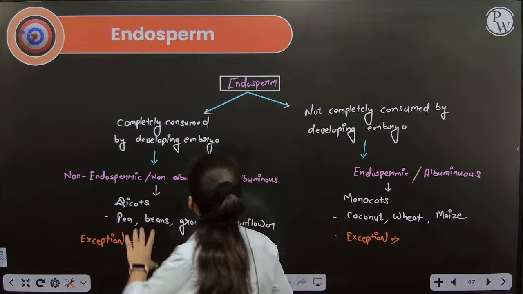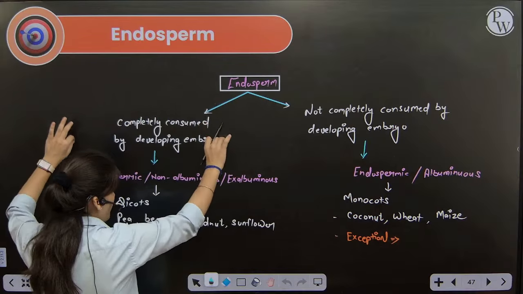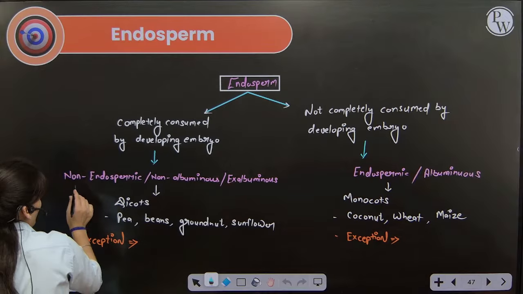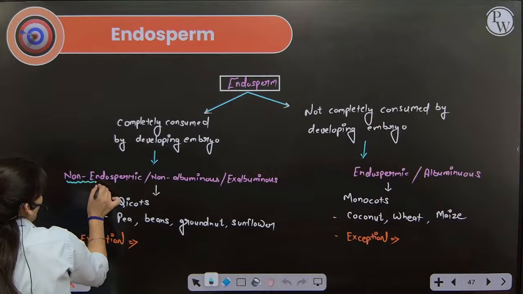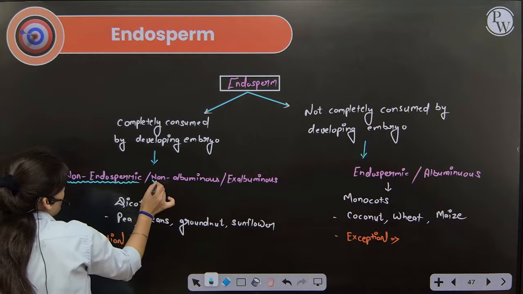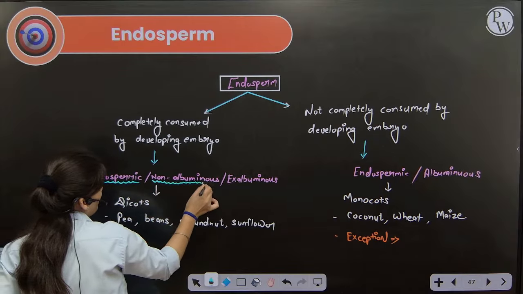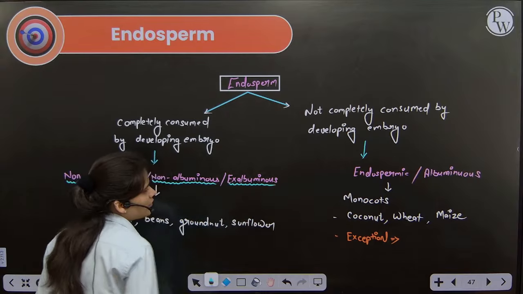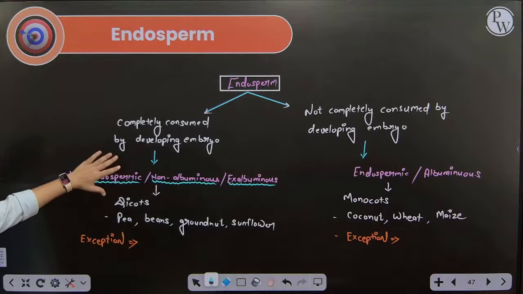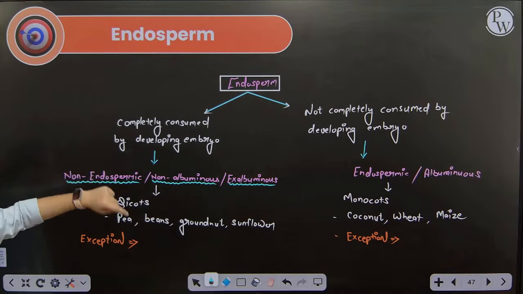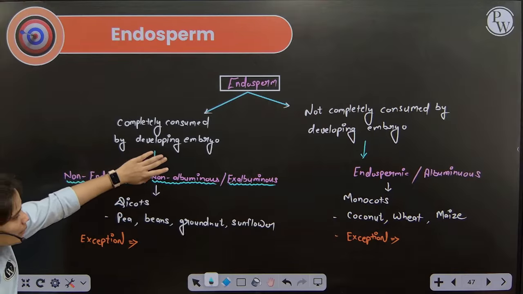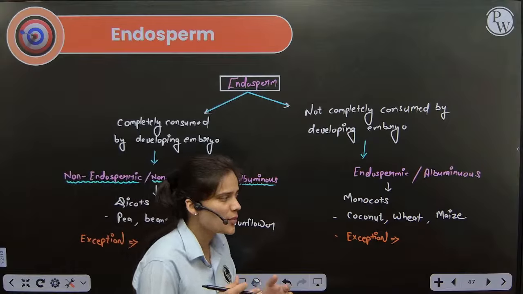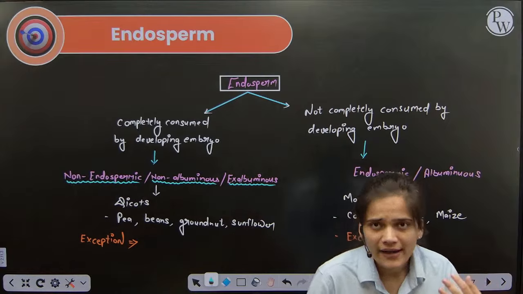If that endosperm is completely consumed by the developing embryo, then that condition is known as non-endospermic, also known as non-albuminous, or ex-albuminous.